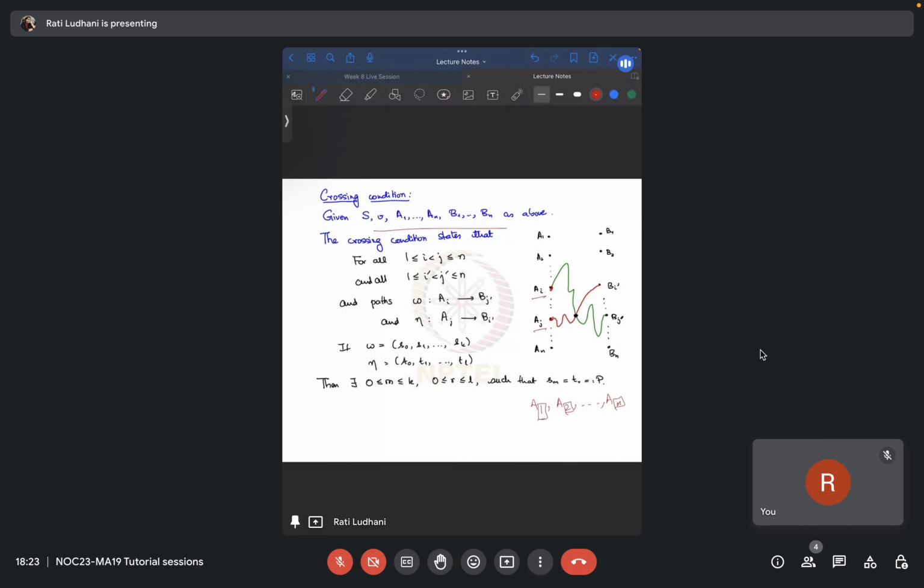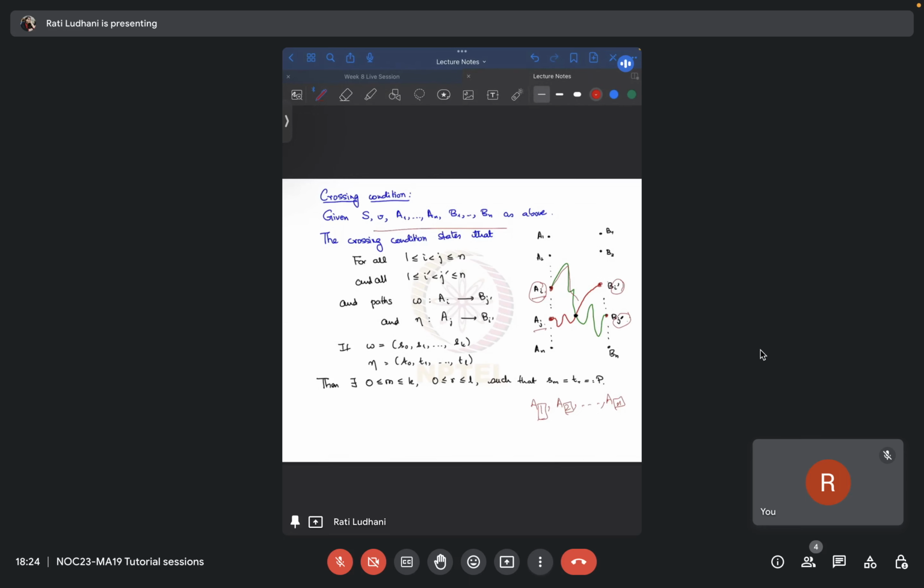So if I is less than J, and on the other side I dash is less than J dash, then a path from AI to BJ dash and a path from AJ to BI dash should cross somewhere. If you pick any path between AI and BJ dash and any path between AJ and BI dash, then they should cross. That is the requirement.